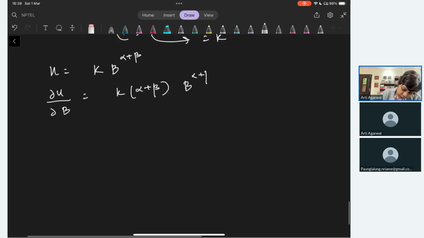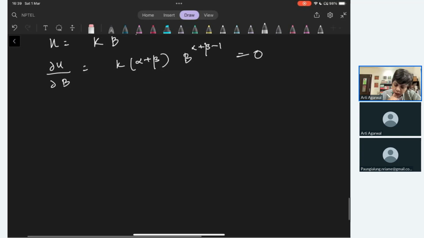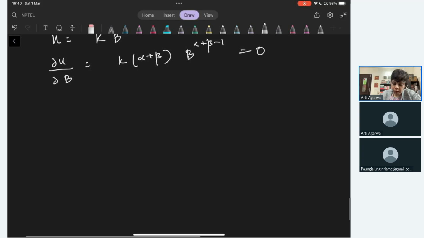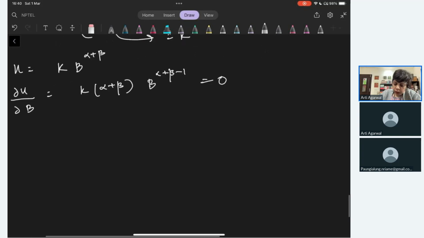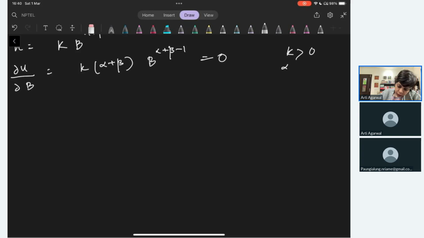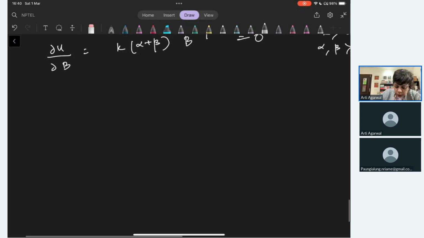Now, for this, we simply solve. Alpha and beta are positive constants. K is also a positive constant. So K is greater than 0, alpha comma beta are greater than 0. So therefore, B to the power of alpha plus beta minus 1 has to be equal to 0. If you want to take this in terms of log, you can take log on both sides.